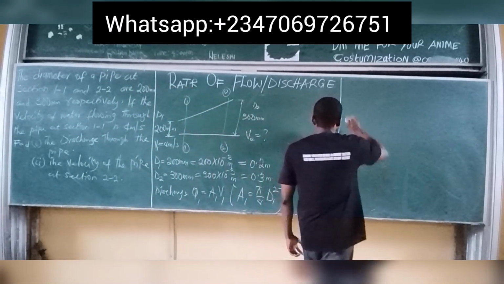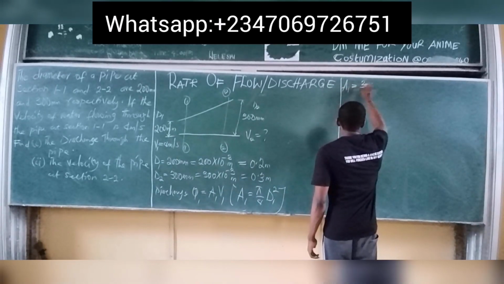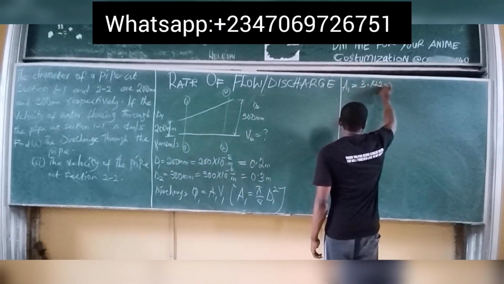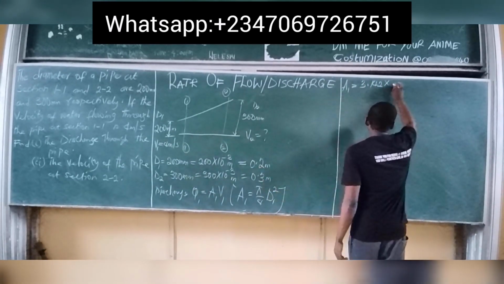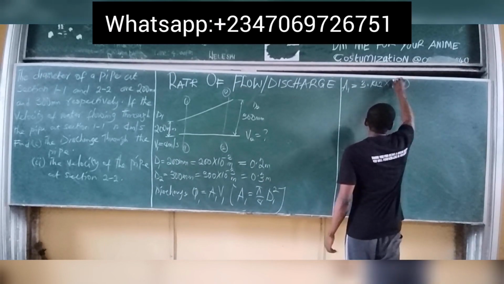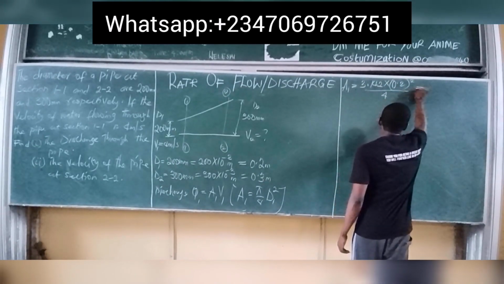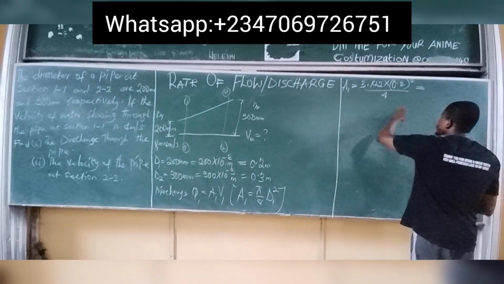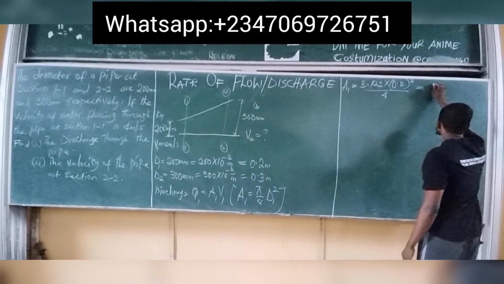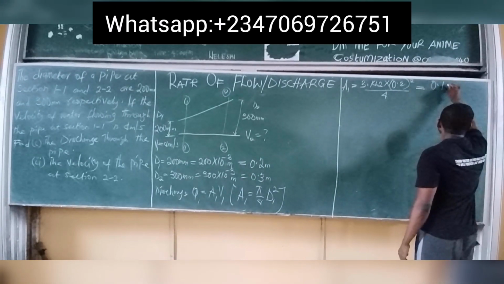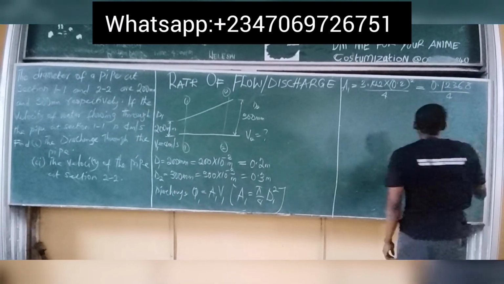Therefore, area at section 1, A1, is equal to pi, which is a constant, 3.142, times diameter at section 1, which was given as 0.2. So we simply have 0.2 all squared divided by 4. So 0.2 squared multiplied by 3.142 gives us 0.1238 all over 4.